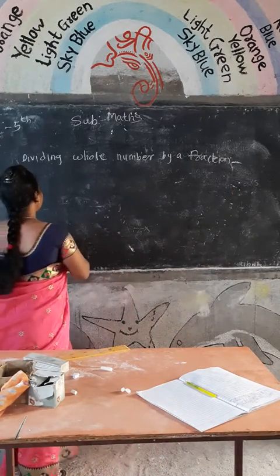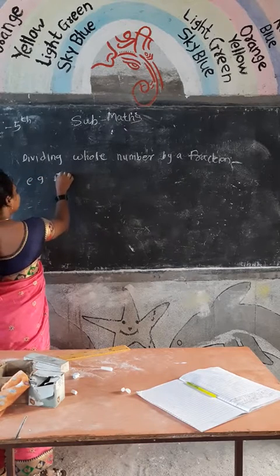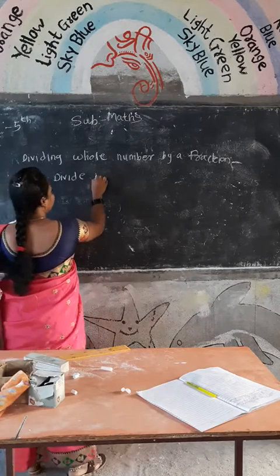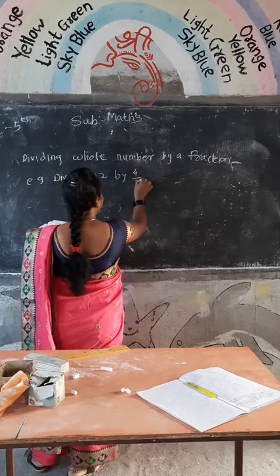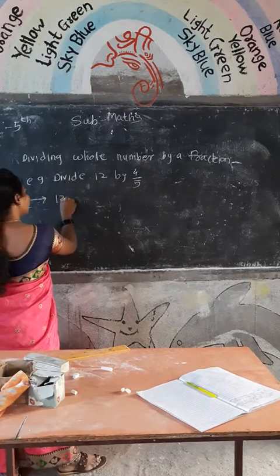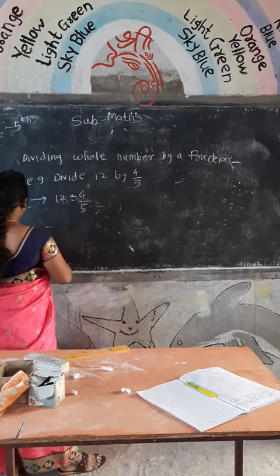We take one example. The example is: divide 12 by 4/5. So, 12 divided by 4/5.